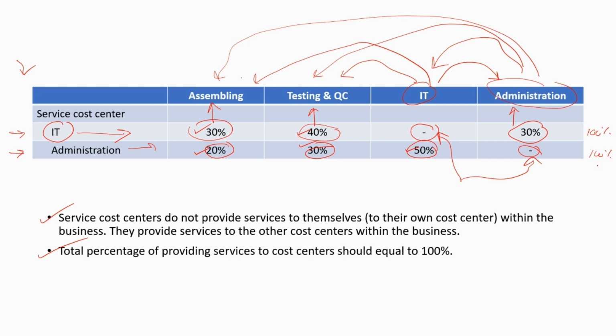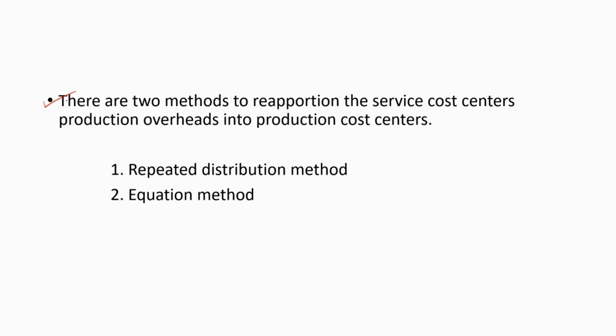This is also correct. In the exam, they will provide different types of service cost centers and different types of percentages. So you have to have a clear understanding about these tables and how to extract data from this table for the calculations. There are two methods to reapportion service cost centers' production overheads into production cost centers. The first one is the repeated distribution method.